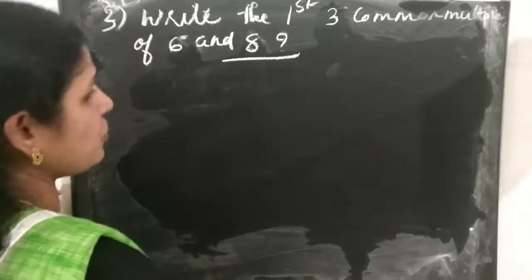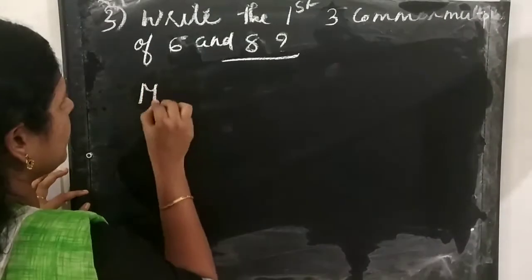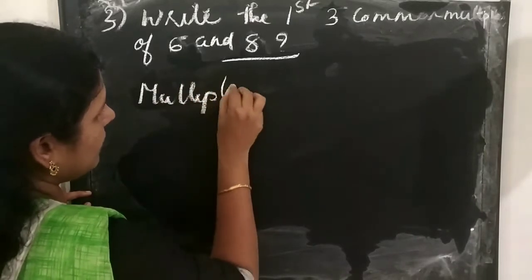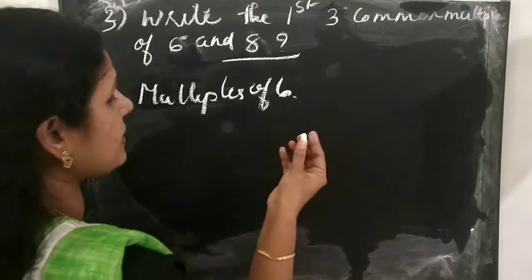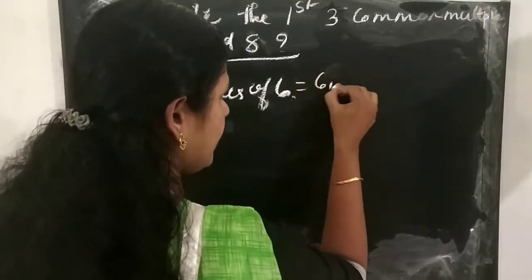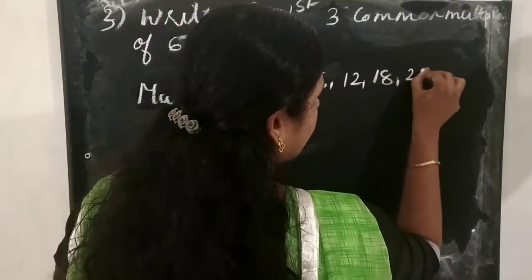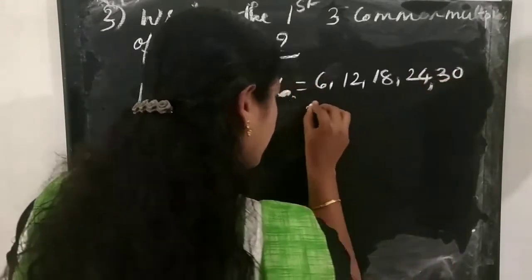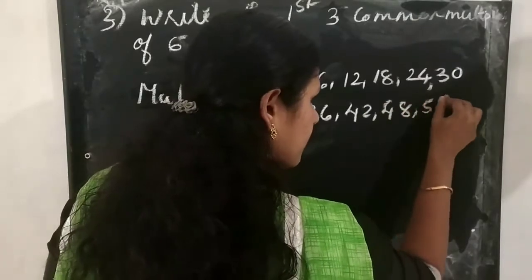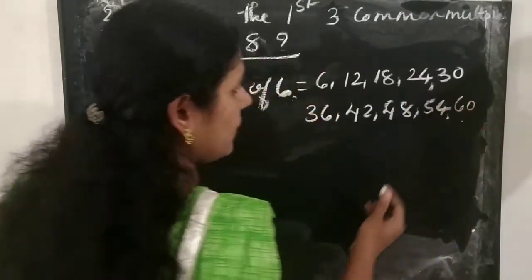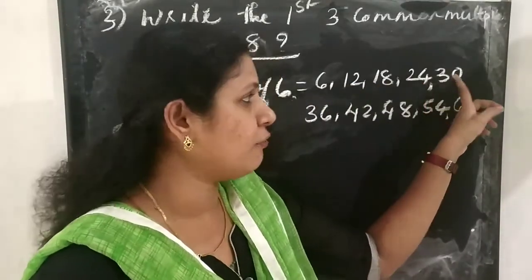First we have to write the multiples of 6. One 6 is 6, two 6s are 12, three 6s are 18, four 6s are 24, five 6s are 30.